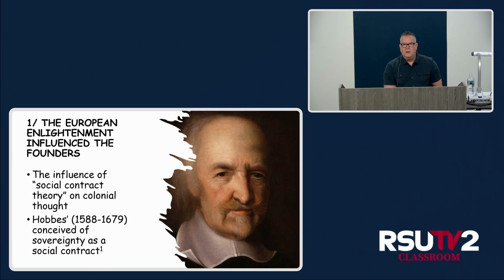So the European Enlightenment, nevertheless, exerted a profound influence over the colonists, and one of the first Enlightenment figures was Thomas Hobbes. Now, Hobbes was not a Democrat, but he was one of the first modern thinkers. He was educated at Oxford at a time when Oxford was moving away from a more religiously oriented curriculum to a more scientifically oriented curriculum.